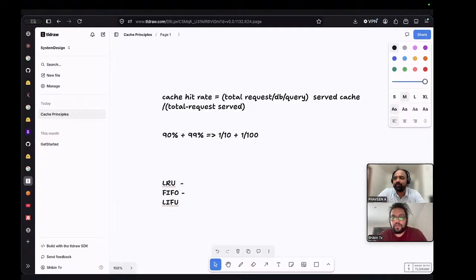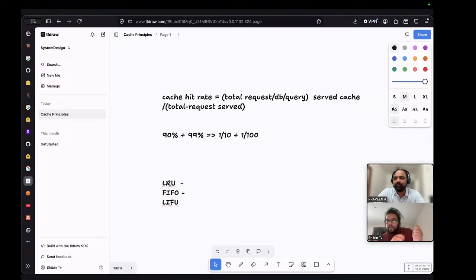FIFO is the simplest thing. What it means is, whenever your cache is full, you remove the first one which entered. Going back to my bookshelf example, assume I only have 12 places and I collect one book per month.